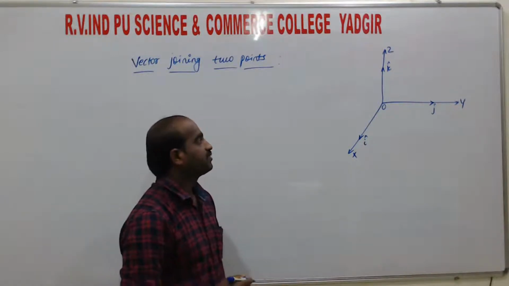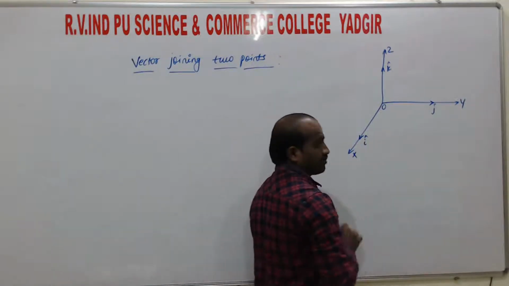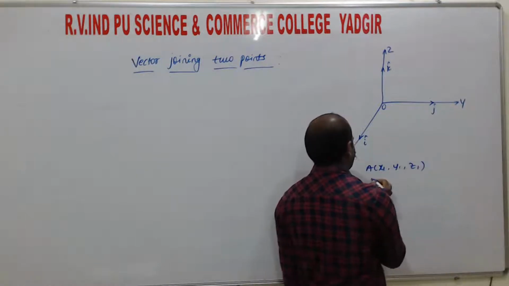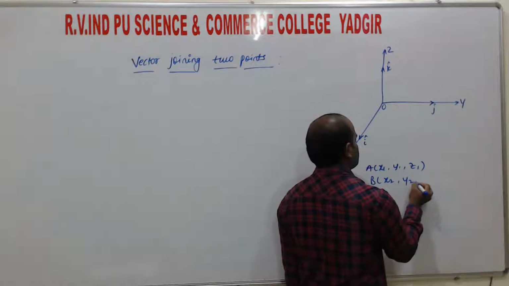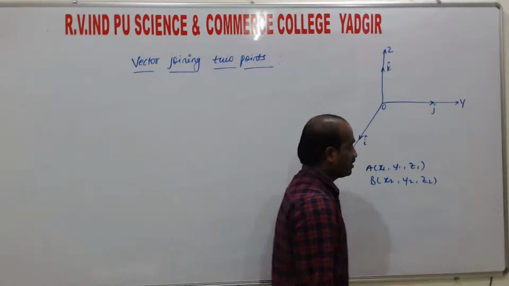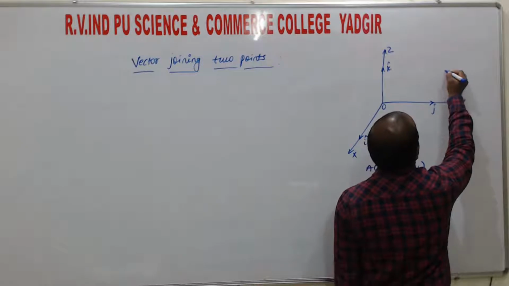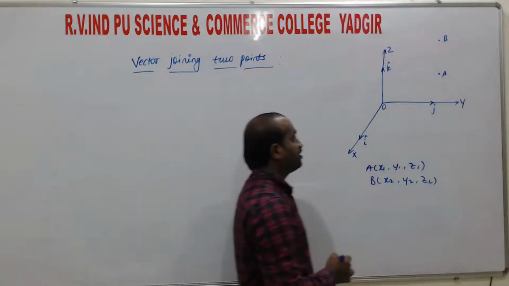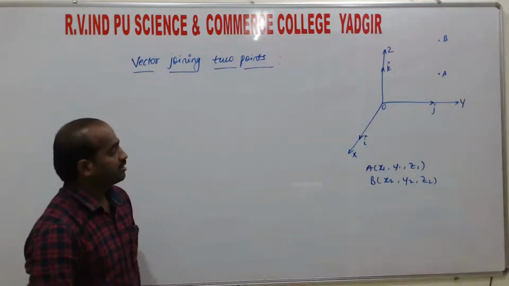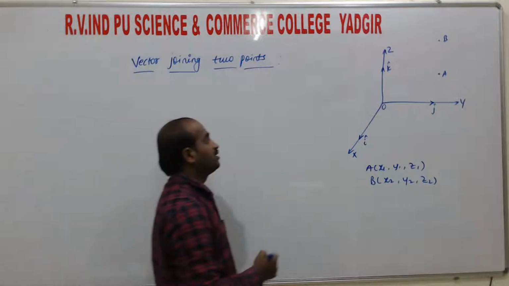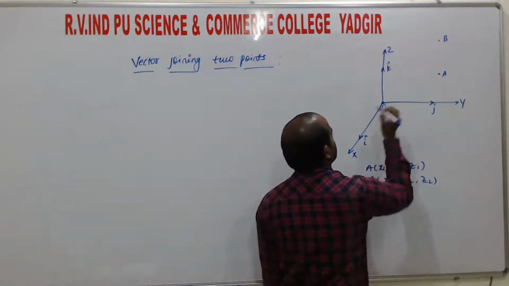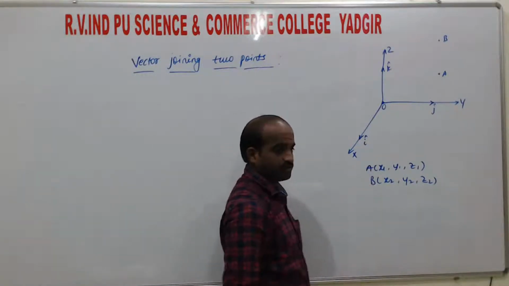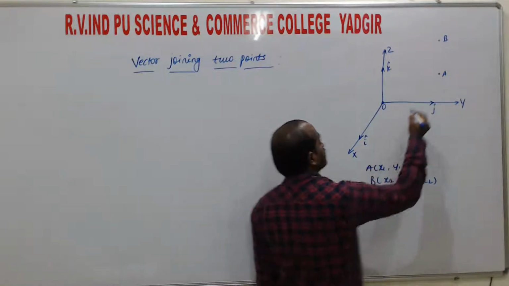Next, we take two given points: A of x1, y1, z1, and B of x2, y2, z2. This one is A, this one is B. Like A and B, any 2 points. Then the vector joining the 2 points A and B is the vector AB.